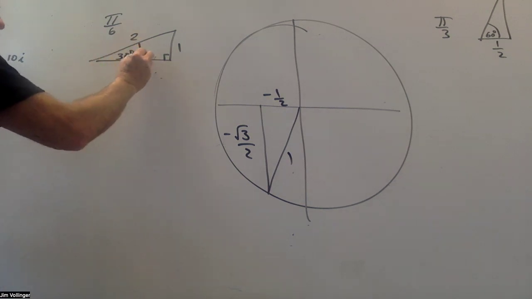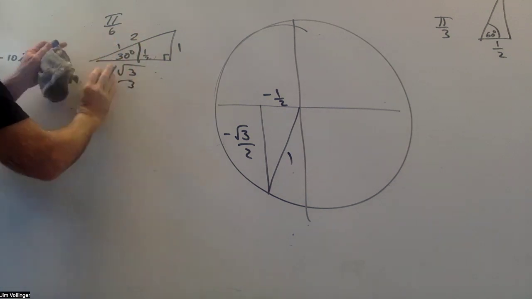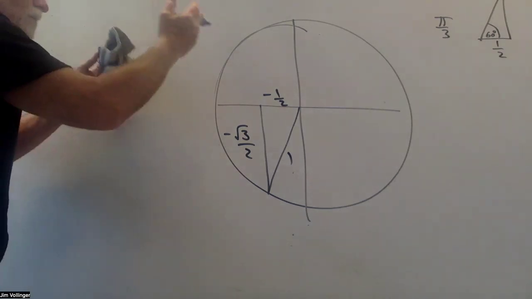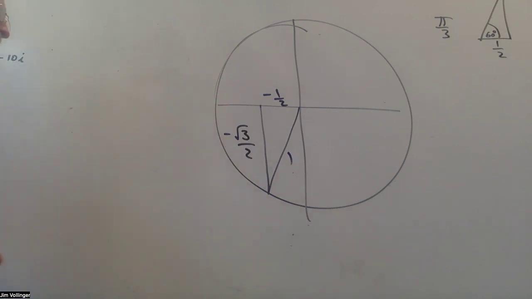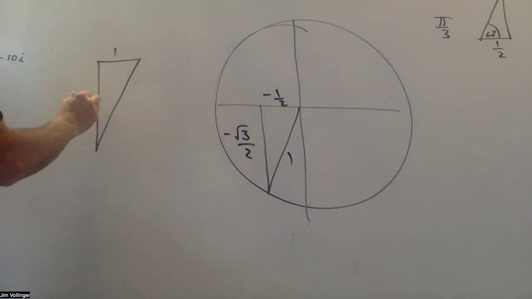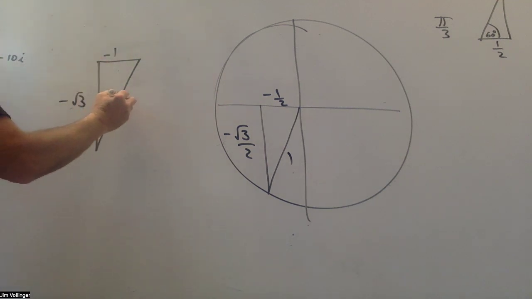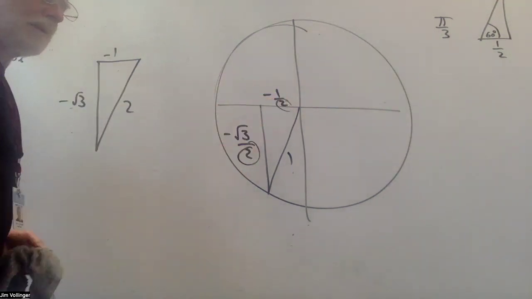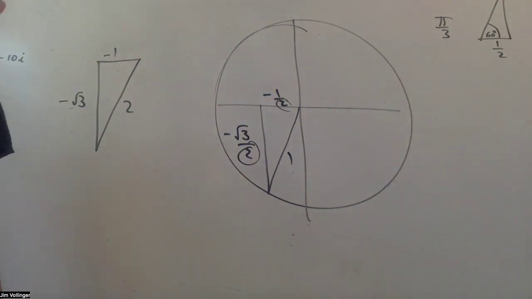If this is 1/2 and this is √3/2 here, doubling doesn't change anything. So I'm in favor of not working with the unit circle when working with the tangent. I would envision this as a 1, a -√3, or -1, excuse me, and a 2. Just double the size, because working with fractions is a little bit harder than working with integers.